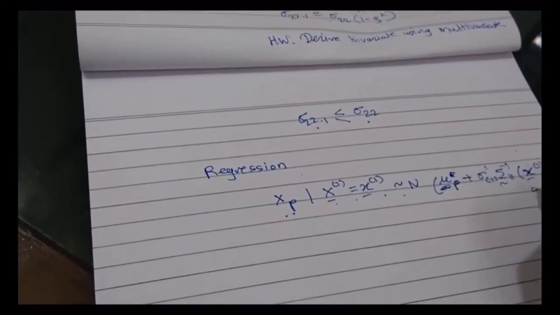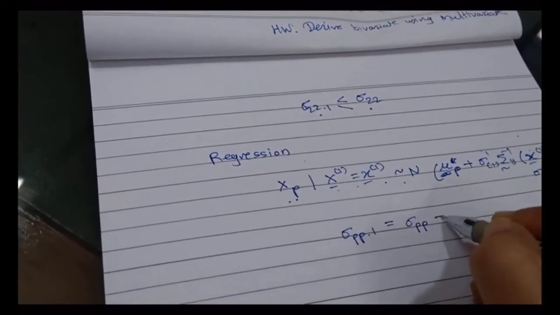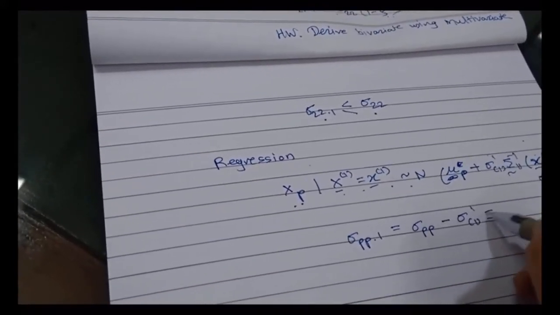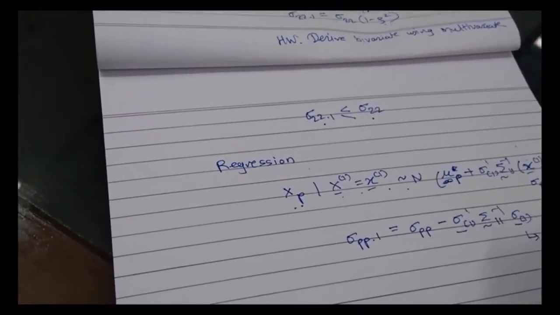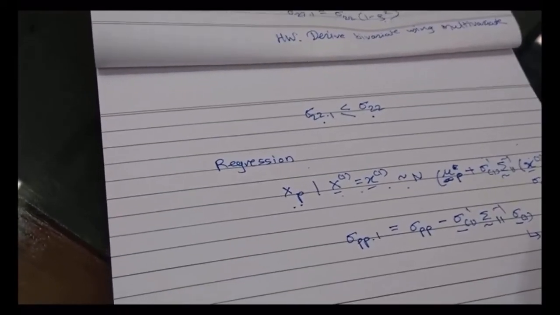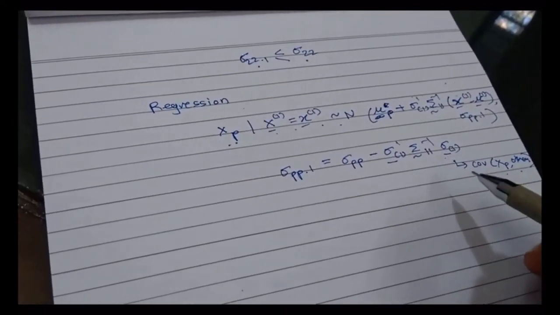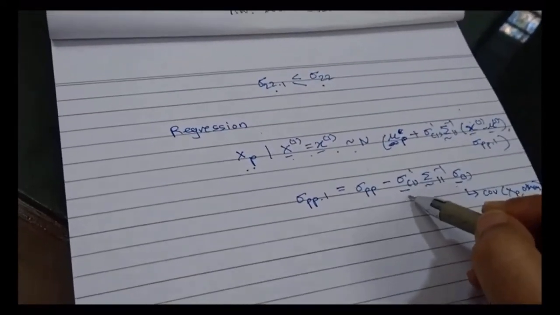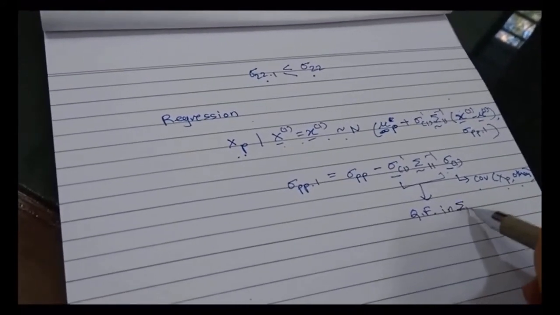And the variance would be sigma pp dot 1, where sigma pp dot 1 is sigma pp minus sigma 1 prime, sigma 1 1 inverse, sigma 1, where sigma 1 is a covariance vector, the covariance of xp with the others. Now this quantity is a quadratic form in sigma 1 1 inverse.